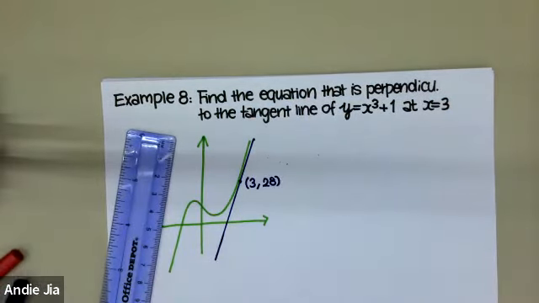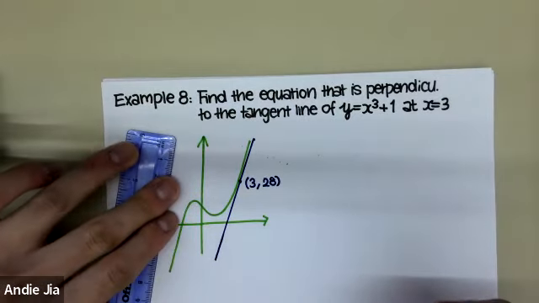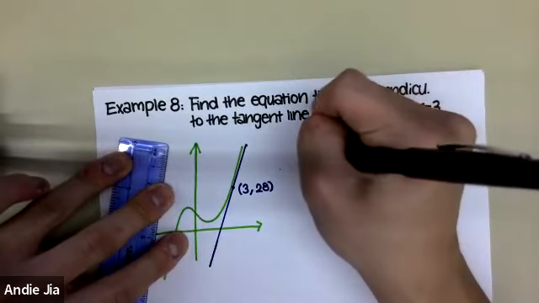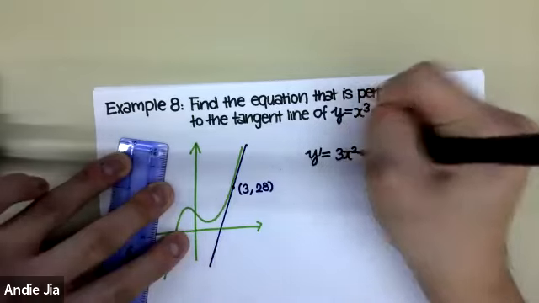And I want to ask, what is the perpendicular? So when you find y prime, it is 3x squared.